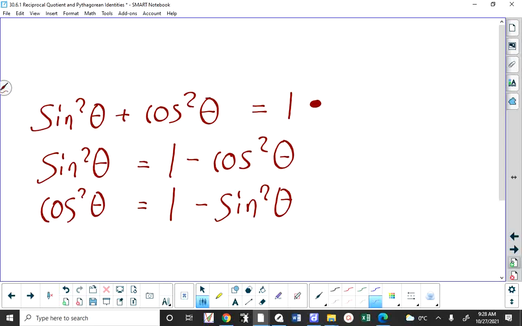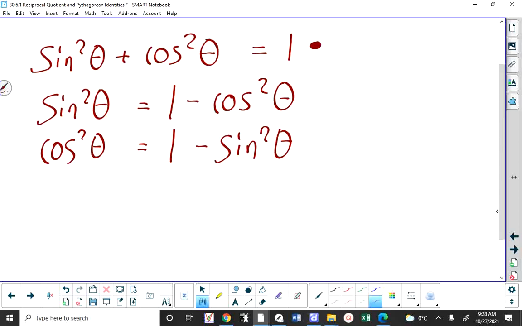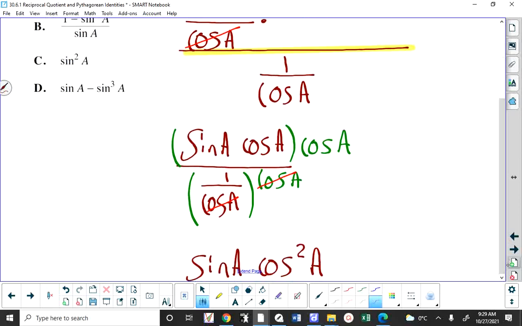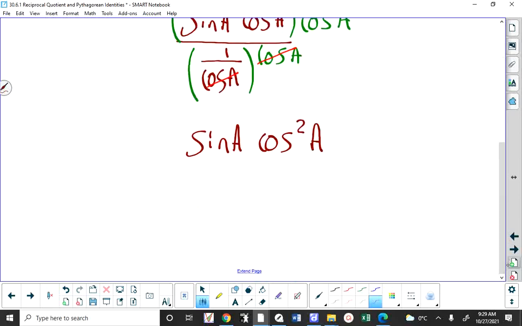We don't see 1 minus cos squared. But this is a way for us to change cosine squareds to an expression that contains sines instead. And that means where I have sine of A times cosine squared of A, I can write sine of A times 1 minus sine squared of A.